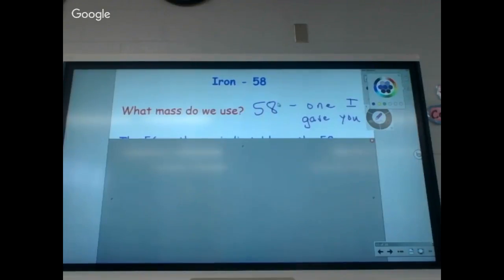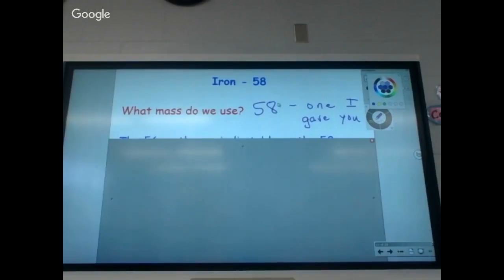So let's say that iron has 5 isotopes. 5. How many numbers are going on the periodic table? 1. Okay? So that number that's on the periodic table is a what? It's an average of all the isotopes. 58, is that an average?